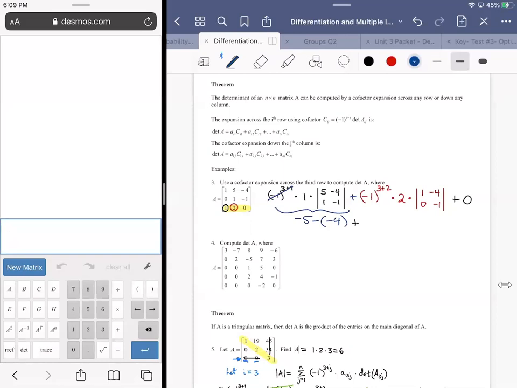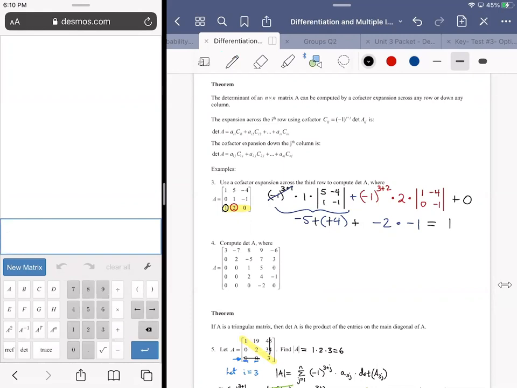So -2, so I'll keep that in mind, multiplied by diagonal down minus diagonal up. So -2 multiplied by really just a -1. And so when we crunch those numbers, clean that up a little bit. So -5 plus 1 plus 4 is going to be a -1, plus 2 is going to be a +1.